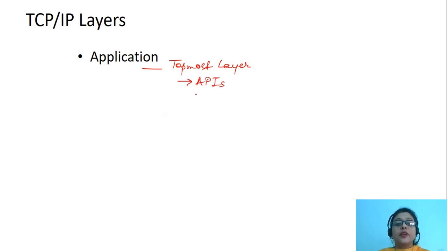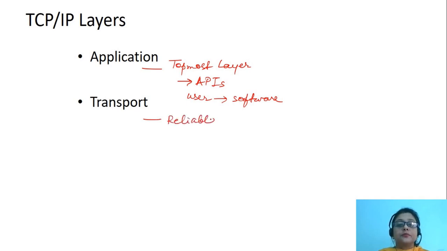The different application layer protocols are used where the user can directly interact with the software applications in this layer. Next is the transport layer. This transport layer basically is responsible for reliable data transfer, and this data transfer takes place end to end, or we can call it even host to host.